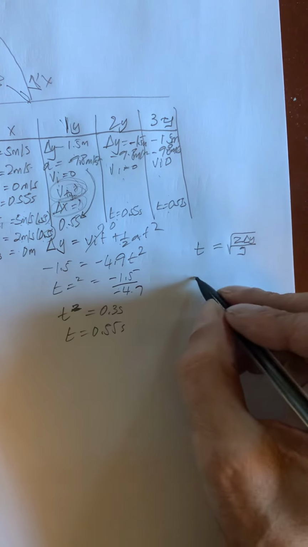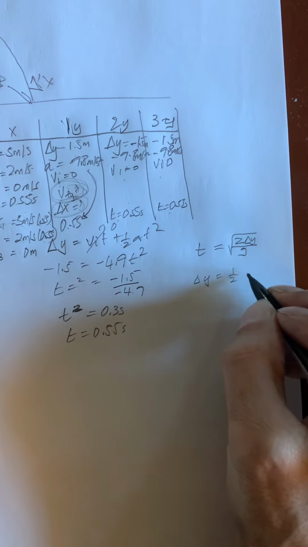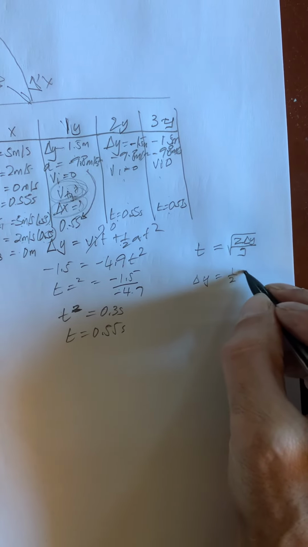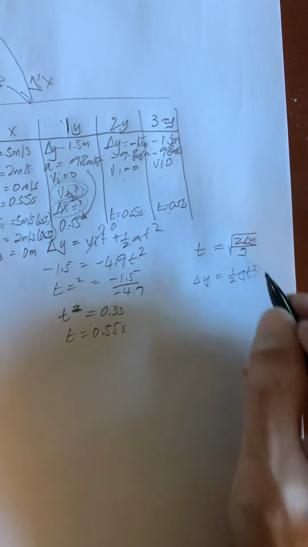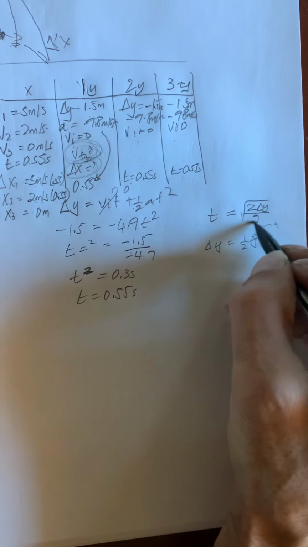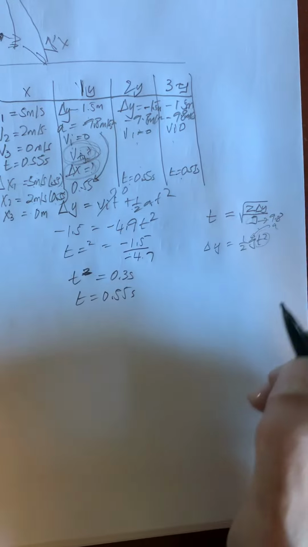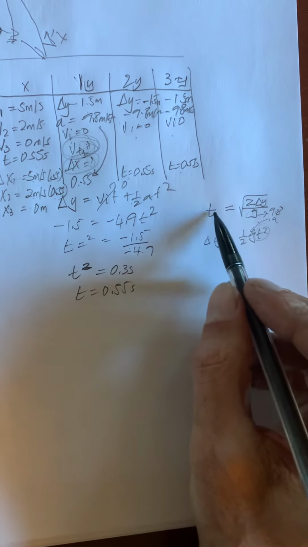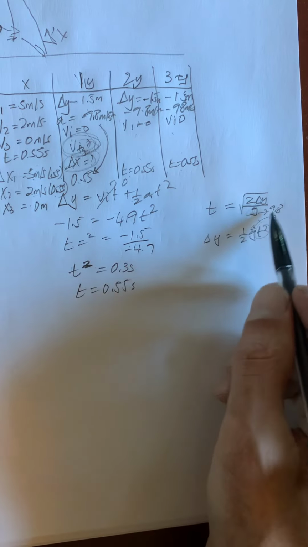All I did was take delta y equals 1/2 gt squared and solve for t to get this, okay? G is again the same thing as a, so you could just write a over here, but g is always going to be 9.8. And so that's going to be our t. The two negative signs, the delta y and the g's negative sign, have canceled out, so we don't need to write them.